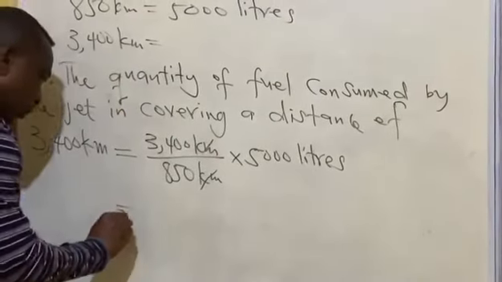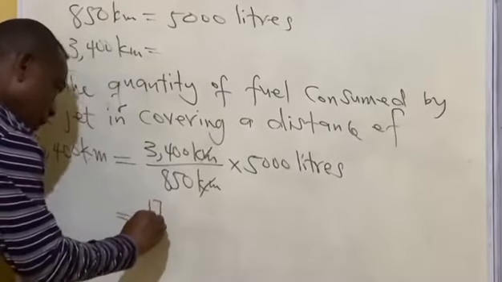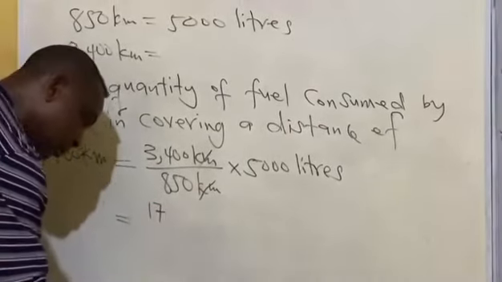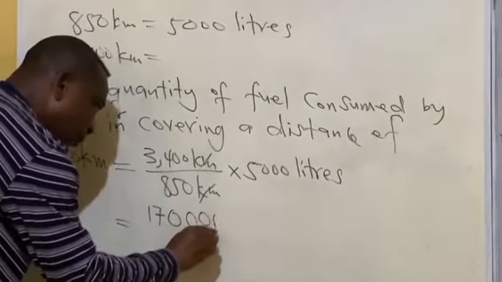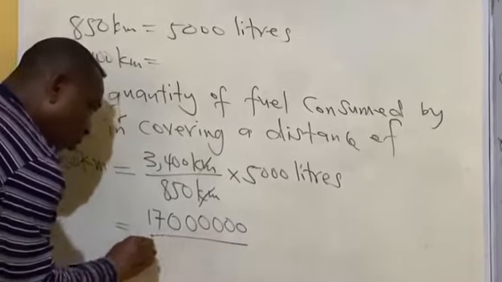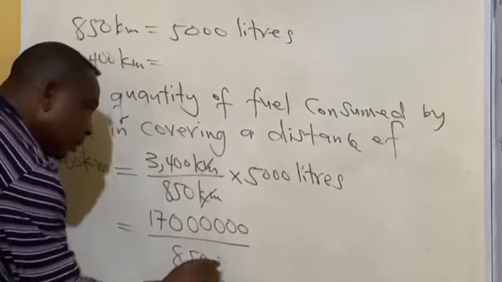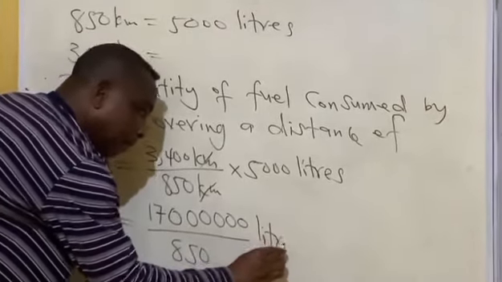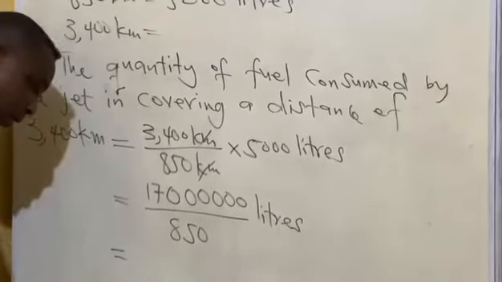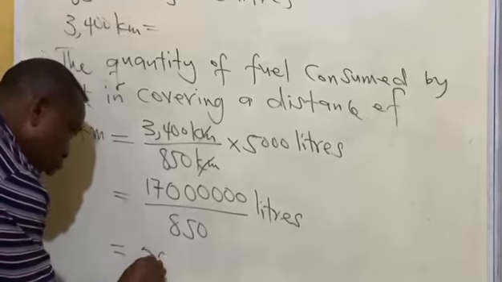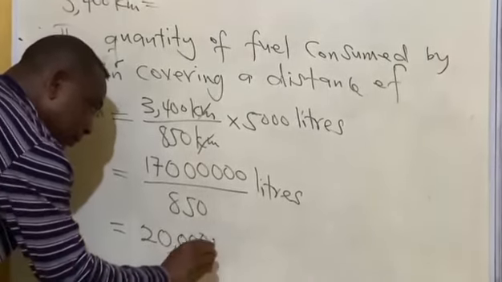Now, when we multiply the numerators, we are going to get 17,000,000 over 850 liters. Now, when we divide this value by this value, it gives us 20,000 liters.